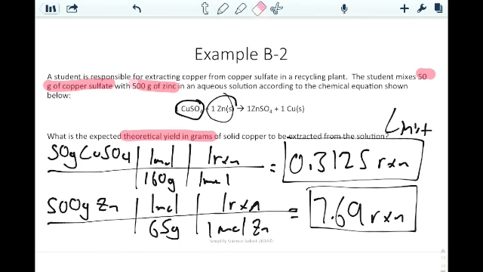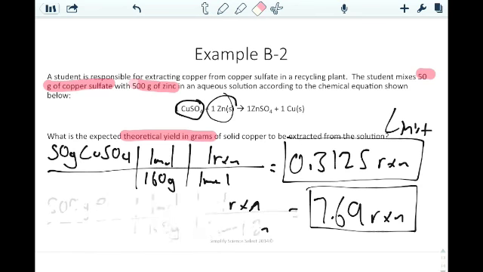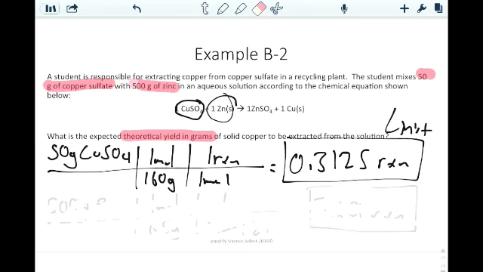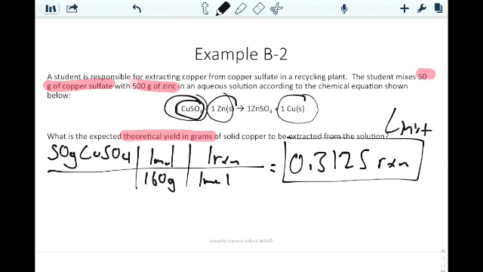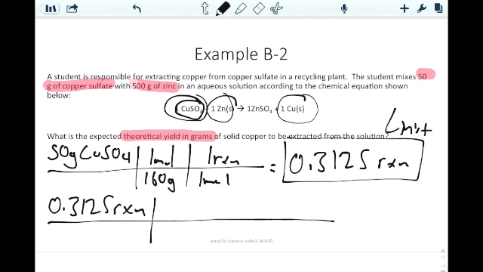So we can get rid of the zinc because we really don't need it in this problem, and let's go ahead and find our theoretical yield. In looking at this, we want to find the theoretical yield of solid copper, so it's a 1-to-1, and we'll start with our 0.3125 in a reaction. Okay, and one reaction has 1 mole of our copper, and then to take it from moles to grams, we just use our molar mass.